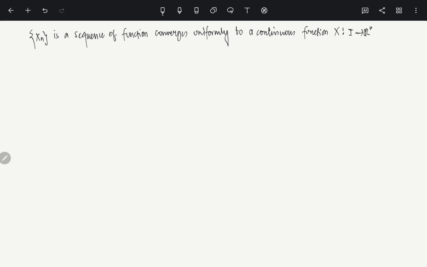This is a Cauchy sequence, and the convergence is uniform. So basically we know that a uniformly convergent sequence will converge to a continuous function x from I to R^n. Clear? Okay.